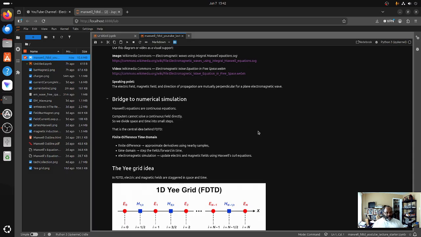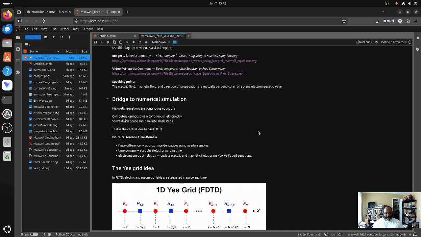Well, we cannot use Maxwell's equations directly as written, because these are continuous equations, and continuous equations generate an infinite number of points, and no computer, no matter how big it is, has enough memory and resources to simulate an infinite number of points.